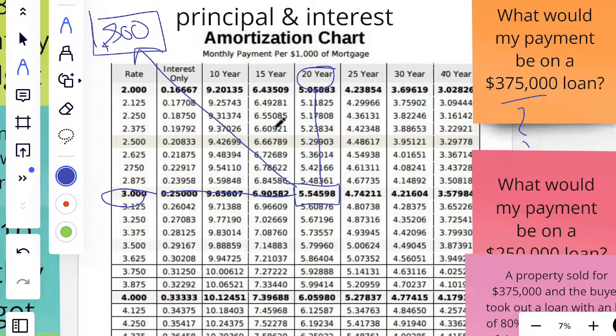So you would divide 1,800 by 5.54598. We're going to make it easy. That comes out to about 324 and some change. We're just going to call it 324. 324 is what the number would be.